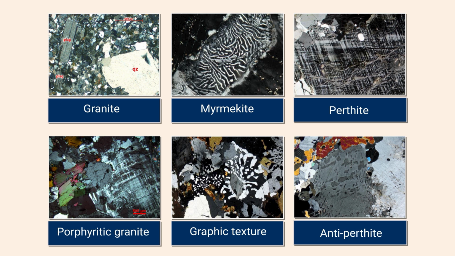These two are disequilibrium textures, and perthite and antiperthite result from the exsolution phenomenon, which is basically you have a homogeneous solid solution of feldspar which, upon cooling under subsolvus conditions, will exsolve out into two phases, one showing the lamellae, which is the albite, and the host, which is the orthoclase. In this case, these blob-like things are the orthoclase feldspars in a plagioclase host.